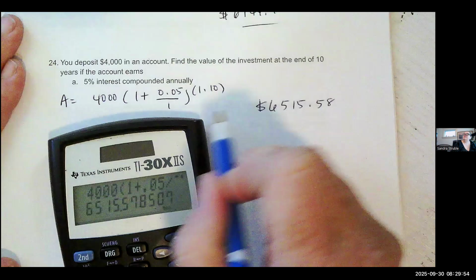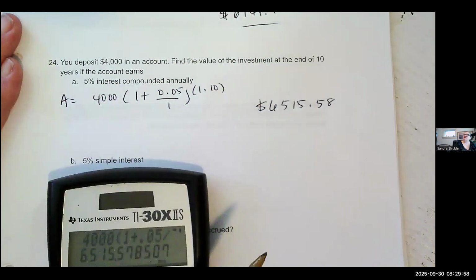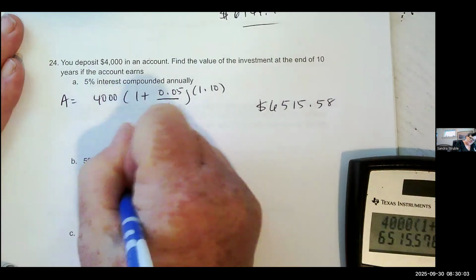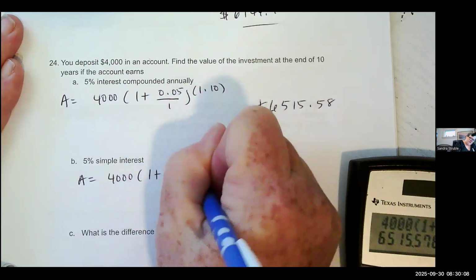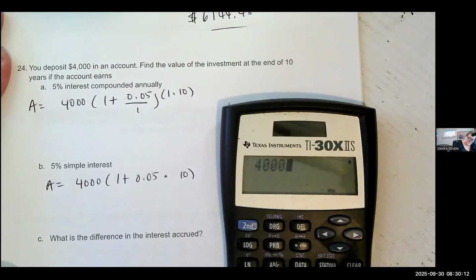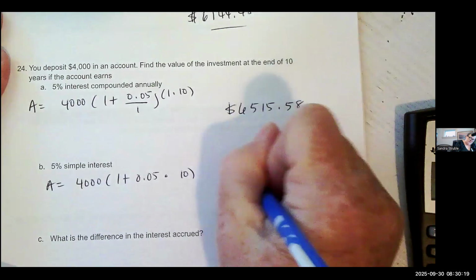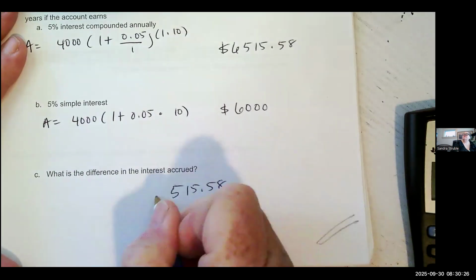Notice it didn't double. You didn't get 8,000 because it's only 5%. All right, now we're going to do 5% simple interest. A is equal to 4,000 times 1 plus the rate is 0.05 for 10 years. And so you have $6,000. What's the difference? $515.58.